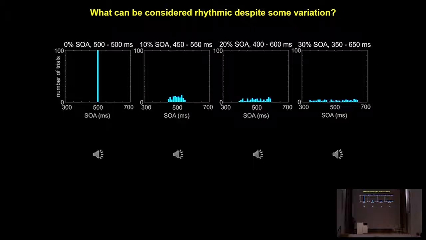And let me remind you that if you use a stimulation with a 1,000 millisecond mean stimulus onset asynchrony, then 30% would be 700 to 1,300 milliseconds. So that's a huge range. So basically, you all felt, yeah. The mean was 2 hertz. Yes.